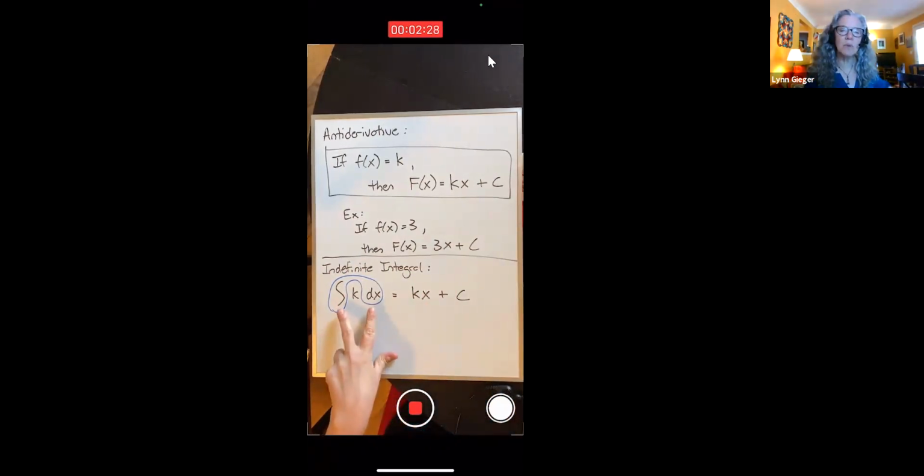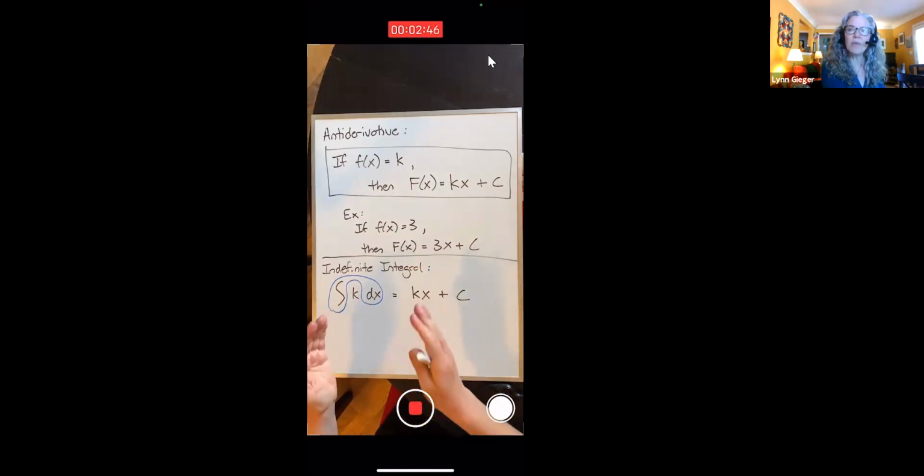These two symbols, what we'll call an integral symbol, or we could call it a soft summation, a soft S, a squiggle, anything that you like. But this S notation over here and the dx right there are paired together. It's kind of like opening and closing parentheses. They have to both be there in order for it to do what it's going to do.